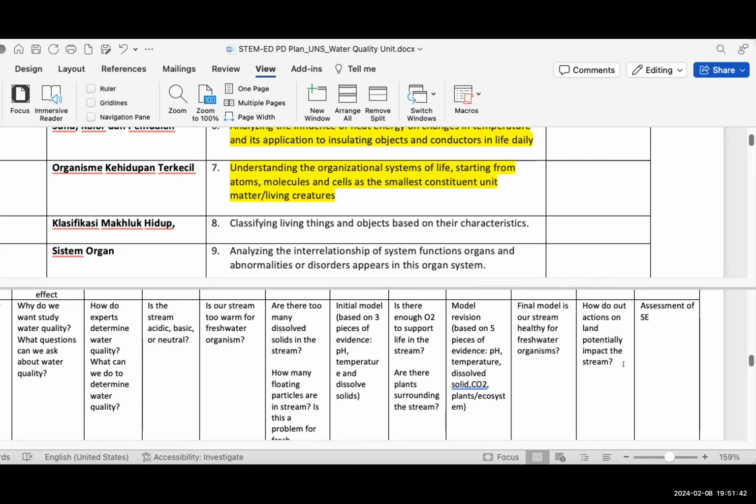Are they going to do what students would do, like testing the water sample? How are you going to deliver the training to introduce the unit to teachers?